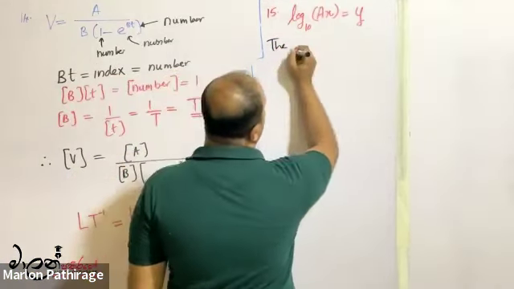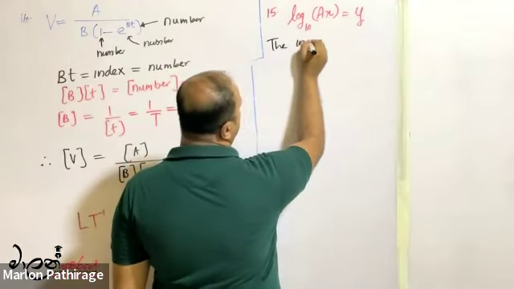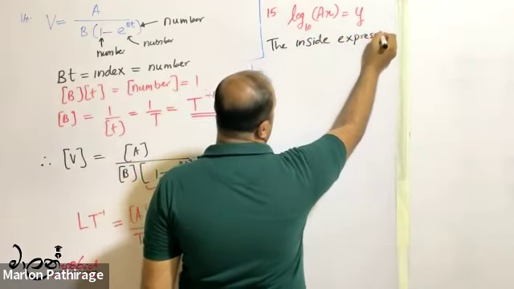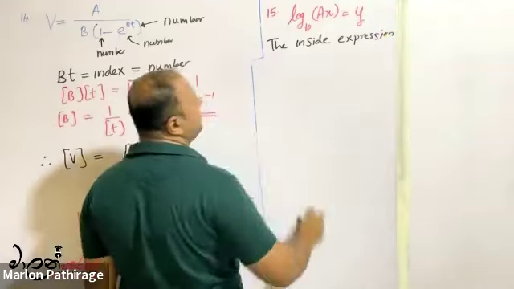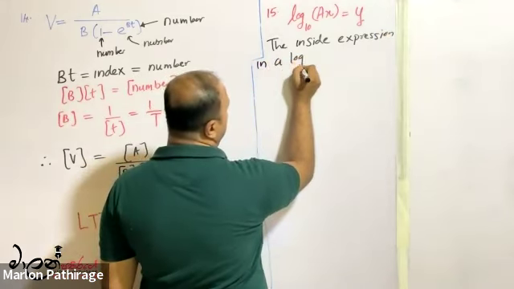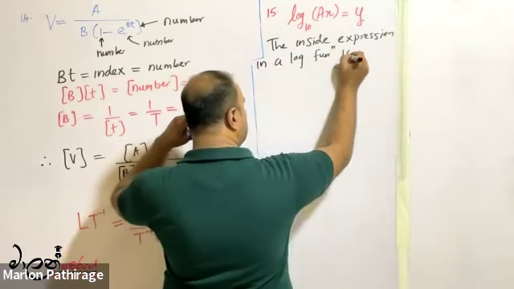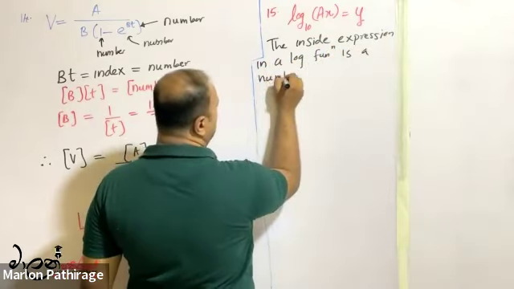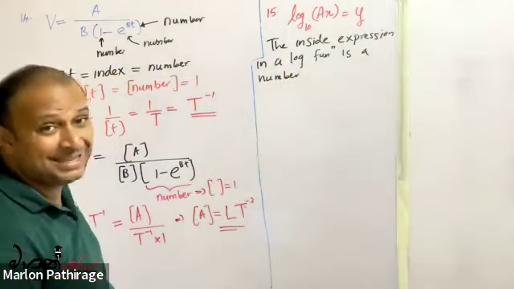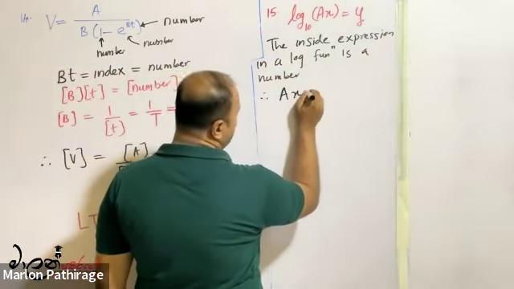The inside expression in a log function is a number. Therefore, Ax is a number.